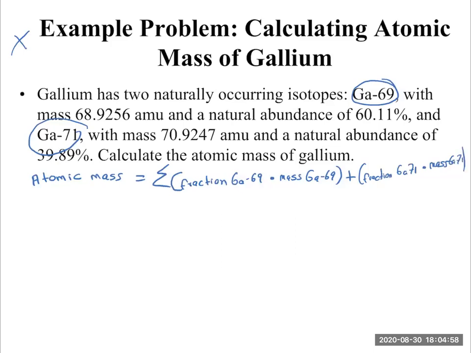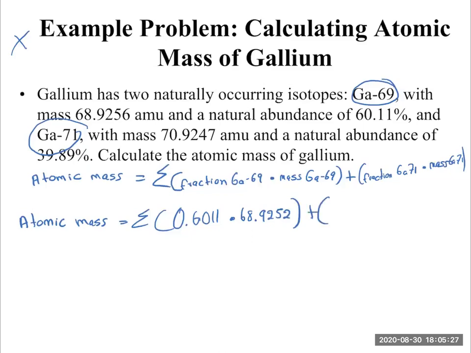So if we do that, we're going to do atomic mass equals, so the fraction it's going to be, you're going to do 60.11 divided by 100 is going to be 0.6011 times 68.9252 plus 39.89 divided by 100, 0.3989, times 70.9247.